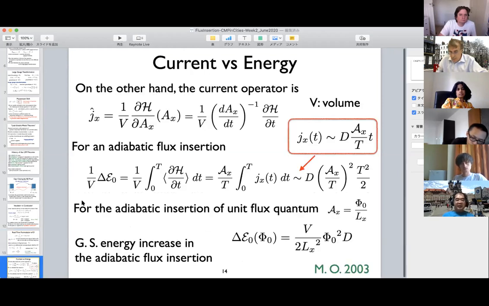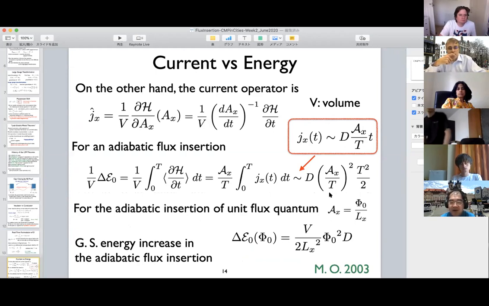Okay. Then now I can relate this induced current with the increase of the energy. There may be some question. Question is, can you generalize this flux insertion to Hall? Yeah, that's another thing. Well, actually, Laughlin did this.